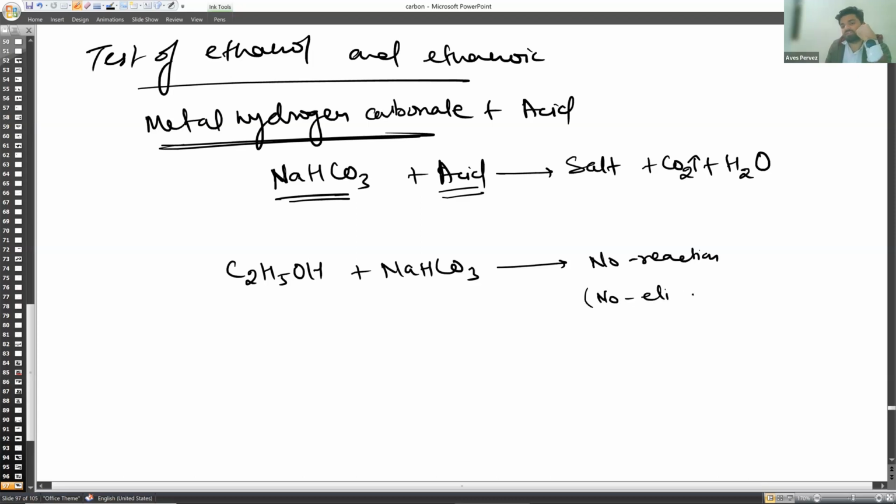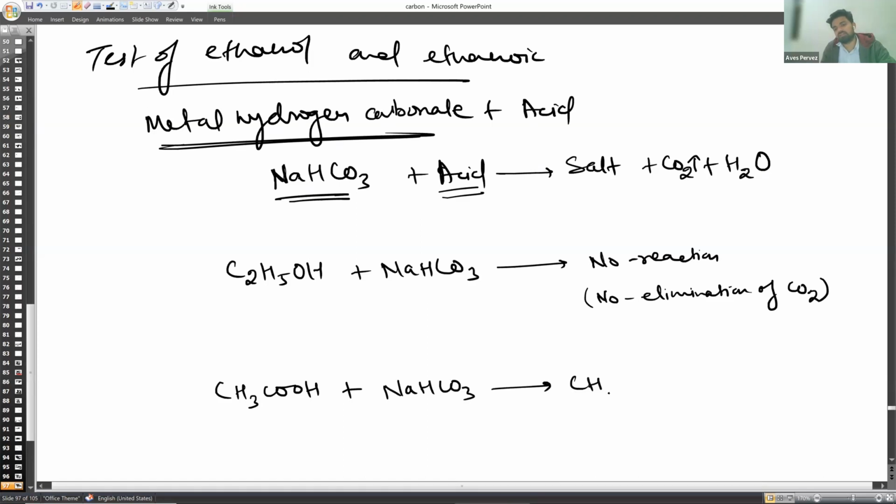But if you take ethanoic acid, CH3COOH, and add baking soda, NaHCO3, to it, then it will give you CH3COONa plus carbon dioxide plus water. Got it?